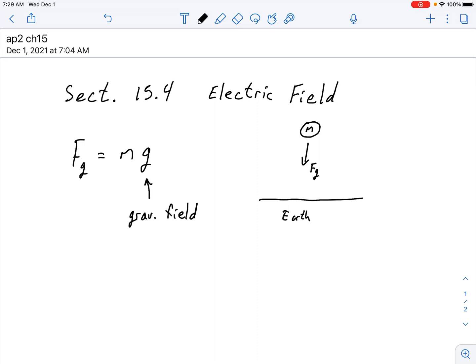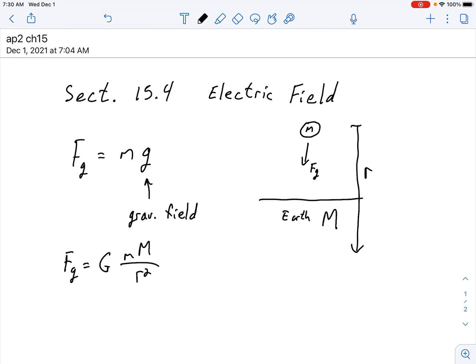We also learned another equation for the force of gravity, according to Newton's universal law: G little m big M over r squared, where little m is the mass of this object, big M is the Earth, that big mass there, and r is the distance from the object to the center of the Earth.